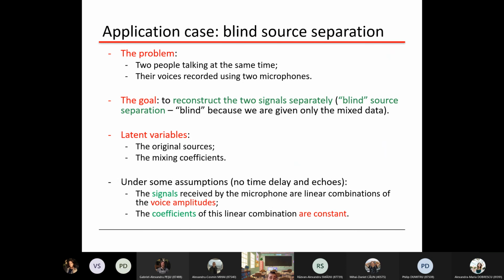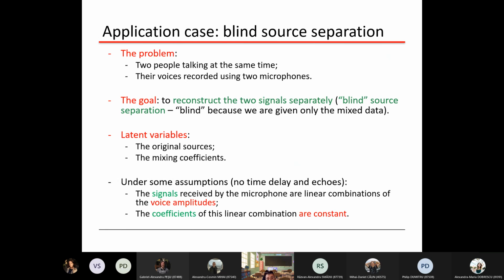The problem is we have two or more people talking at the same time, and their voices are recorded using individual microphones, one microphone per person. And the goal is to reconstruct the two individual signals separately, given only the mixed data.